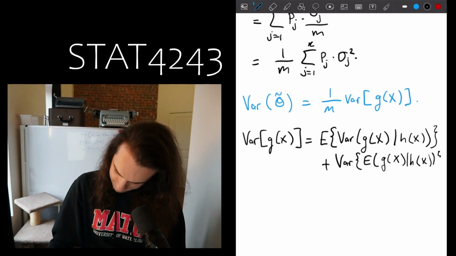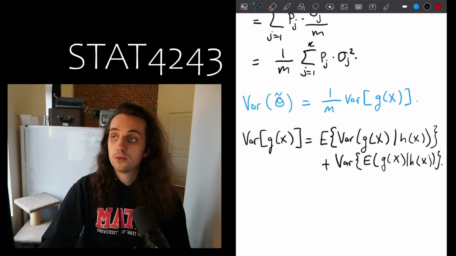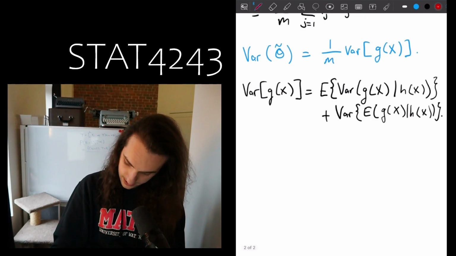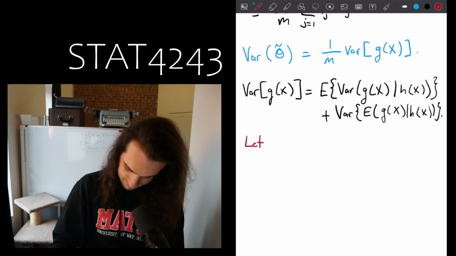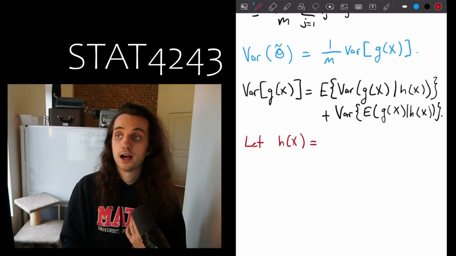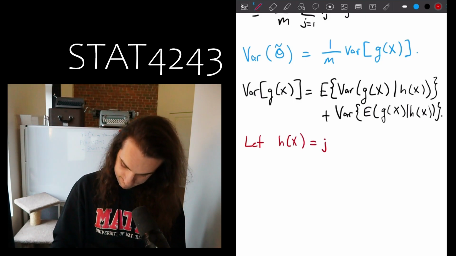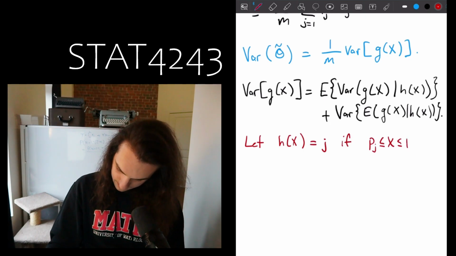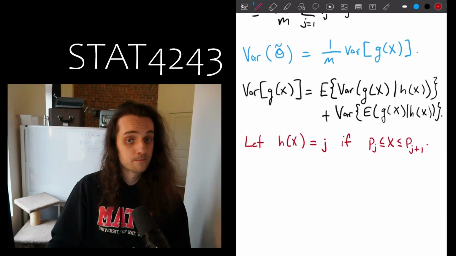And so what I'm going to do is define h of x equal to j if pj is less than or equal to x less than or equal to p of j plus 1.